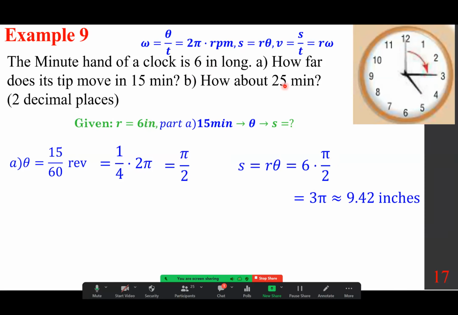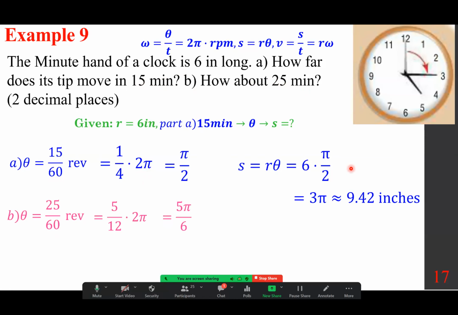In the second part, 25, we just divide the 25 by 60, and that's the number of revolutions, and we multiply it by 2 pi. The reason I did this is so it becomes clear how we arrive at 25. 15 is straightforward, I think everybody knows, but 25 may not be. So 25 divided by 60 is the number of complete revolutions, times 2 pi is 5 pi over 6.